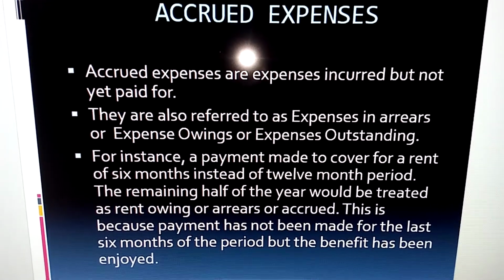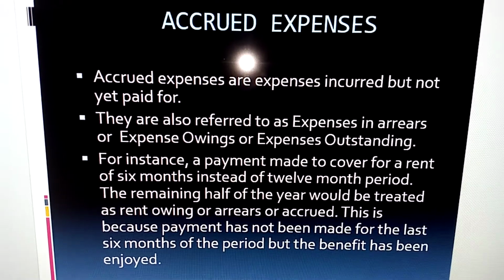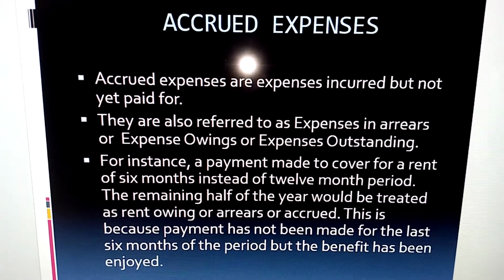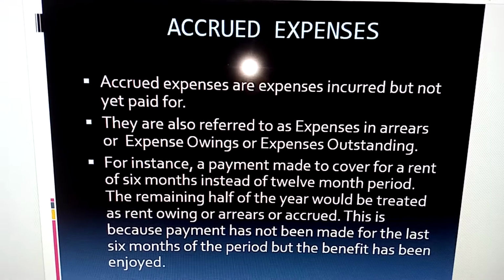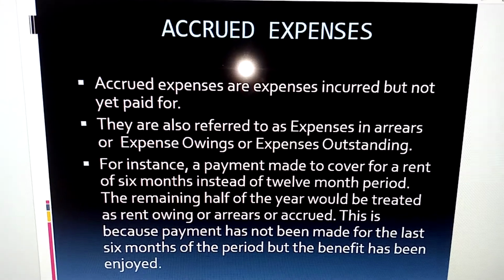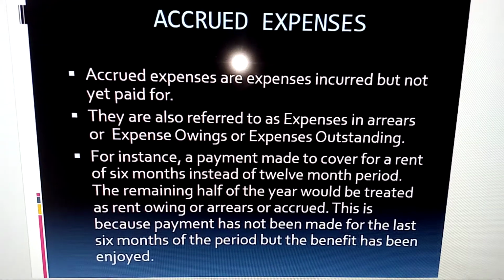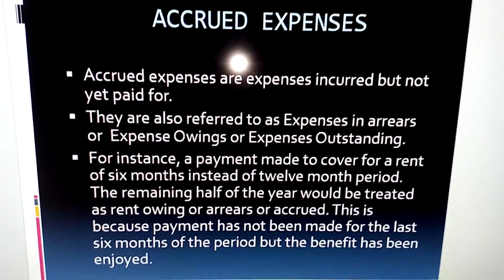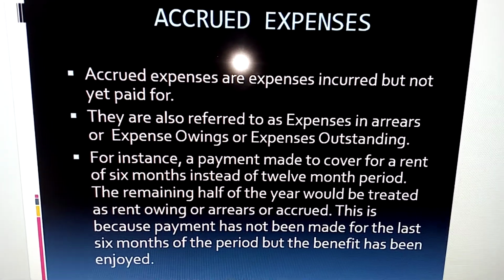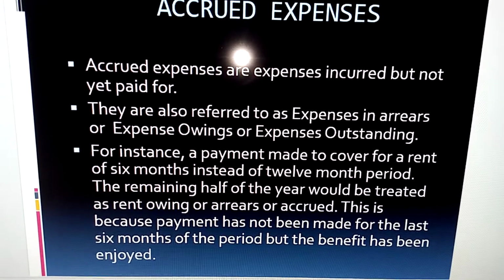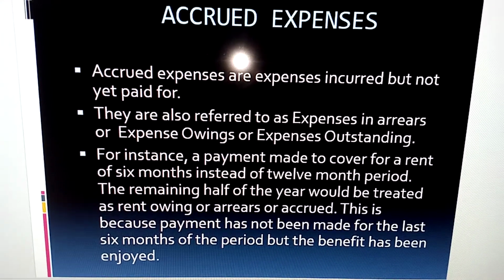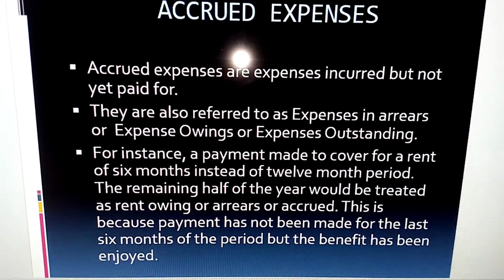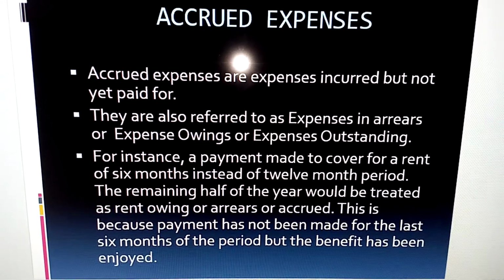Now what we are saying is that the expense has been incurred because the transporter has taken you to your destination, but you have not yet paid for the transport. Such is called accrued expense. We can also call it expenses in arrears. We can say expenses outstanding. We can say expense owings.